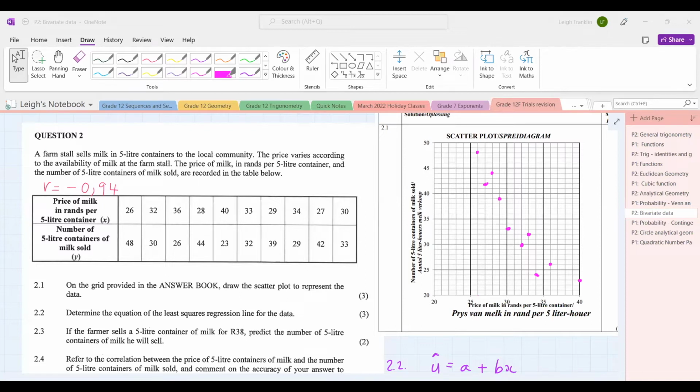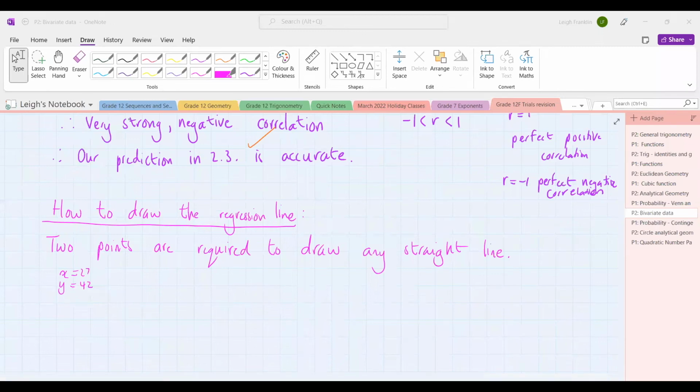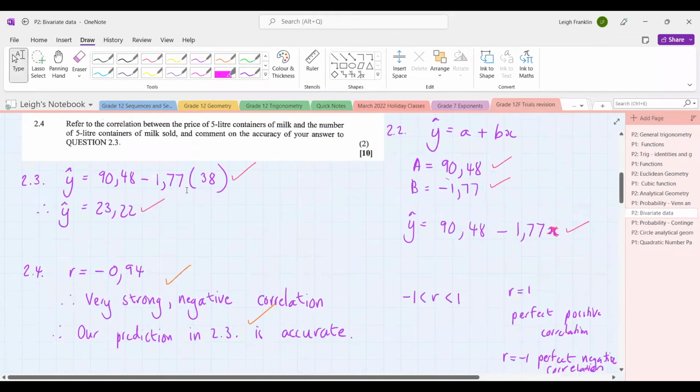Let's say we're going to go with 39, because it's just inside of 40. We don't see a 39 in our column up here, so we're going to work out what Y is when X is 39, exactly in the same way that we calculated our answer in question 2.3.